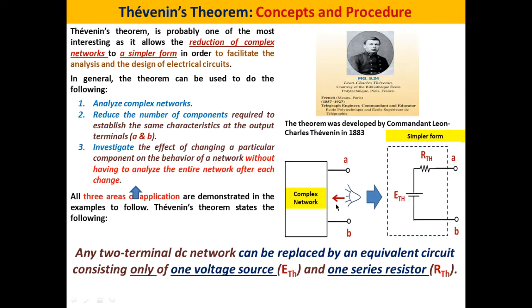So this is the concept: to reduce a complex network into a simple network, and this will facilitate the analysis and the design of electrical circuits. Through the examples, you will understand very well how to apply Thevenin's theorem.